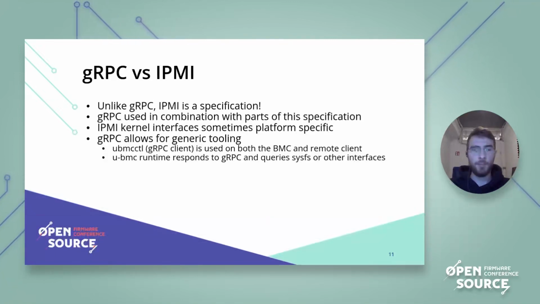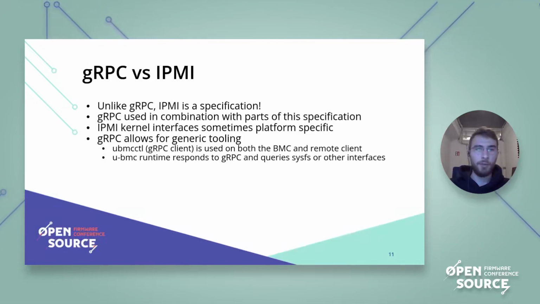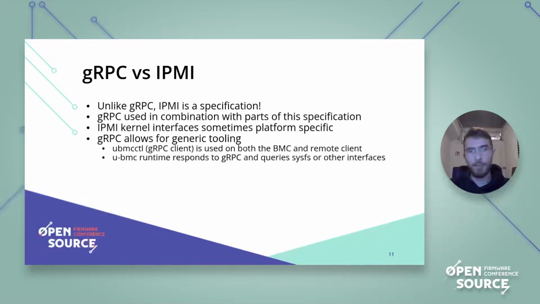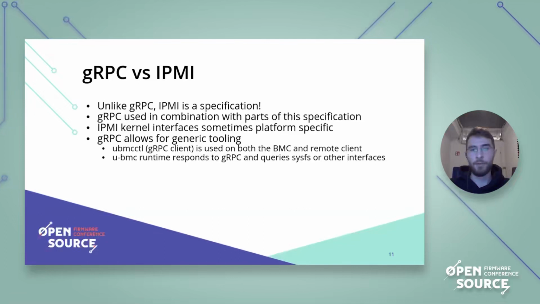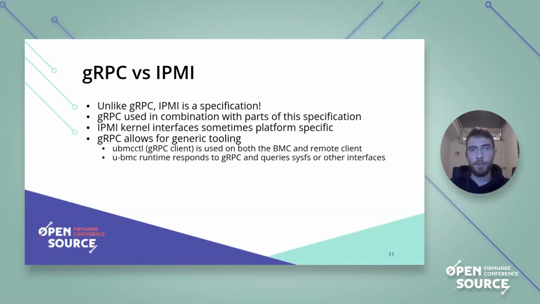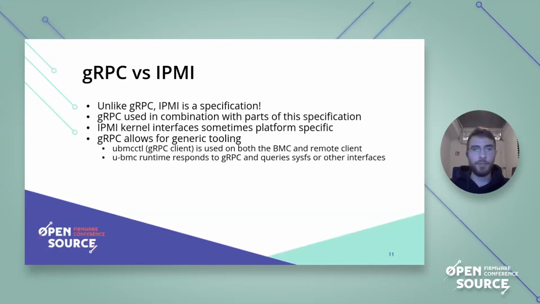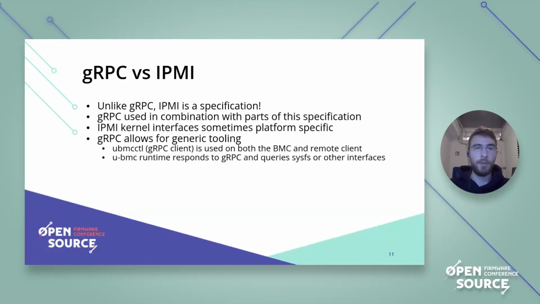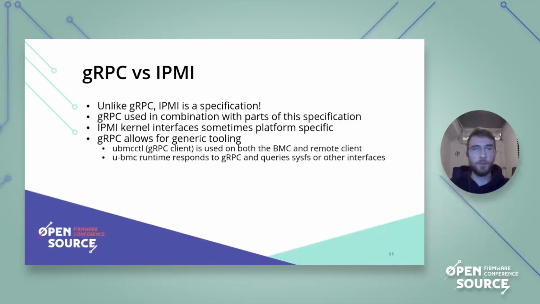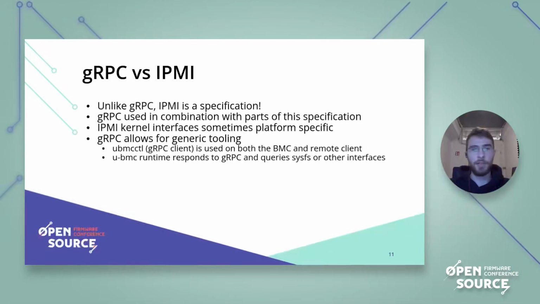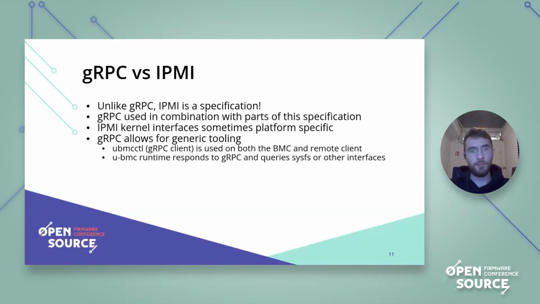The main benefit that gRPC gives us over IPMI is that we can go for generic tooling. UBMC control, our gRPC client in this case, can be used both on the BMC and the remote client side. So you have only one software stack that works on both sides and can interact with the system. This makes it easy to maintain, but also easy to reuse on different operating systems, because gRPC is defined in protocol buffers, and protocol buffers can easily be ported to different languages.